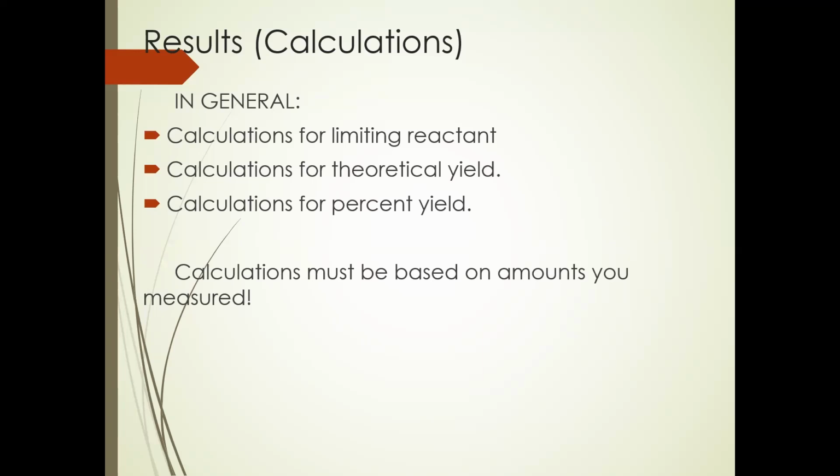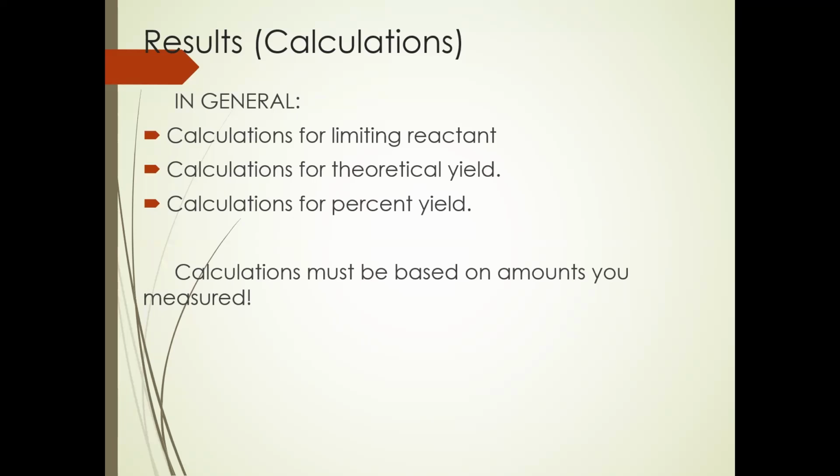Start with what you measured, which is either going to be a mass or a volume, and then calculate moles of the starting material from that, and then mole to mole ratio, and then you can calculate theoretical yield for your product. For limiting reactant, I recommend calculating theoretical yield for each reactant, and then whichever one is least is your limiting reactant, of course. But if you do it that way, you don't need to show a second calculation for theoretical yield.